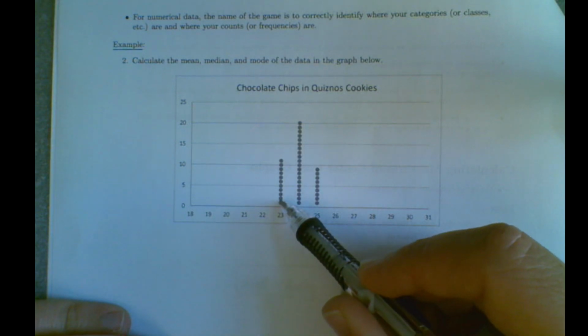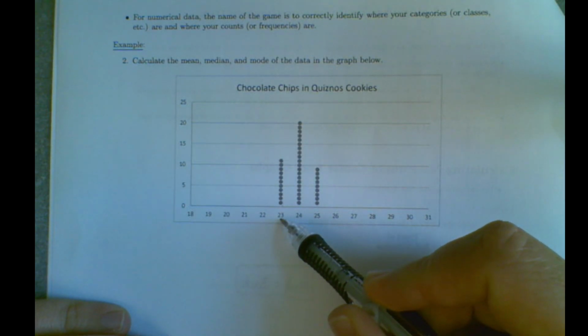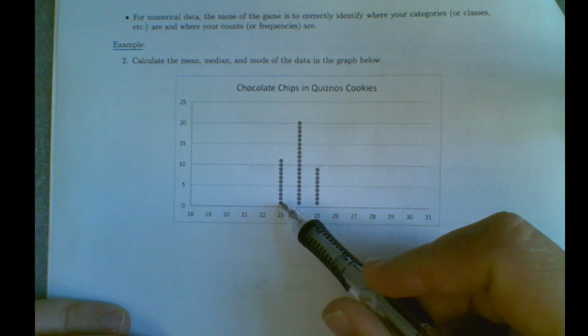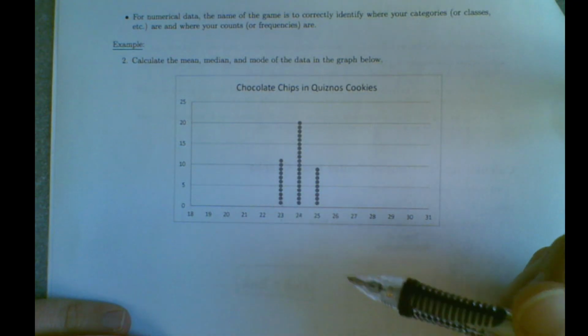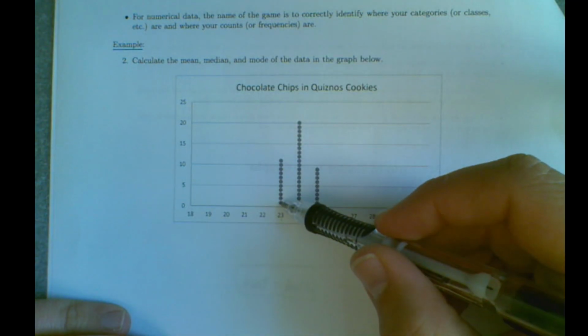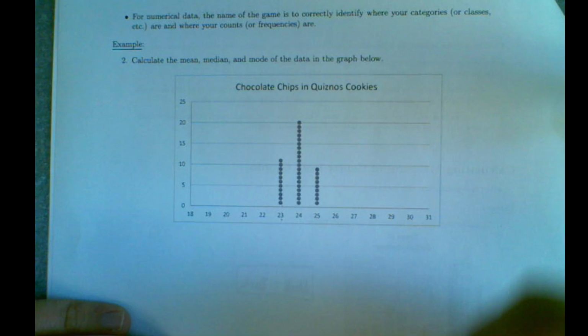The cookie represented by this dot right here had 23 chocolate chips in it. So did this cookie, and so did this cookie. And in total there were 11 cookies that had 23 chocolate chips in them.